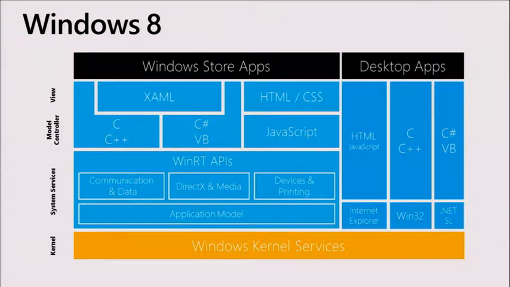You can also write HTML JavaScript UI apps that call into C++ WinRT component DLLs for compute. And the third one is C++ and DirectX. You can talk to DirectX directly. So with C++, you have access to all three UI programming models that Windows 8 has to offer.